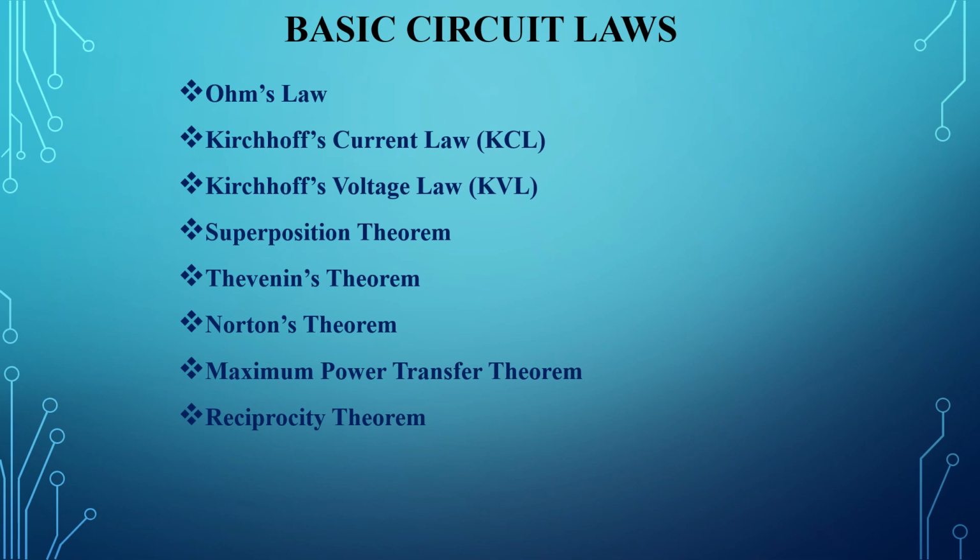The unit of the resistance is ohms. Power means the rate of energy consumption. P is equal to V into I. So that is called your power. So these four main electrical quantities can be measured with the help of these laws. So we'll see one by one.